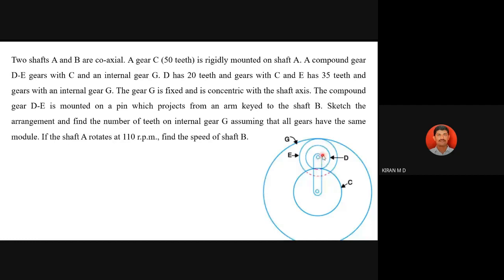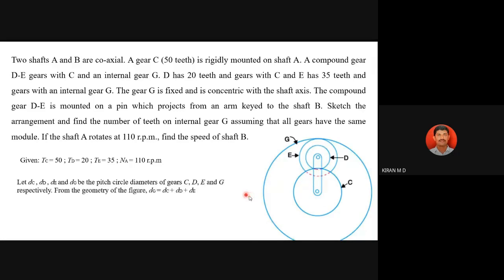Given TC is 50, TD is 20 and TE is 35. The speed of shaft A is 110 RPM, counterclockwise, so NA is 110 RPM.